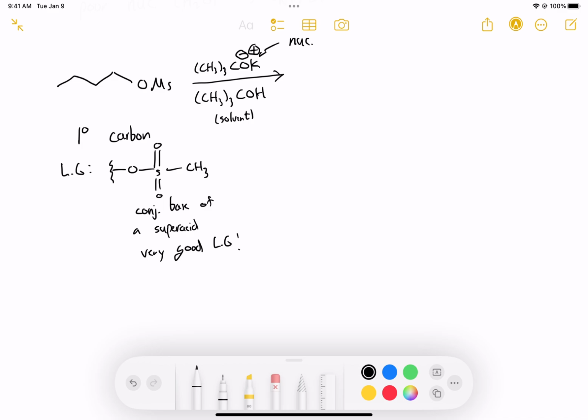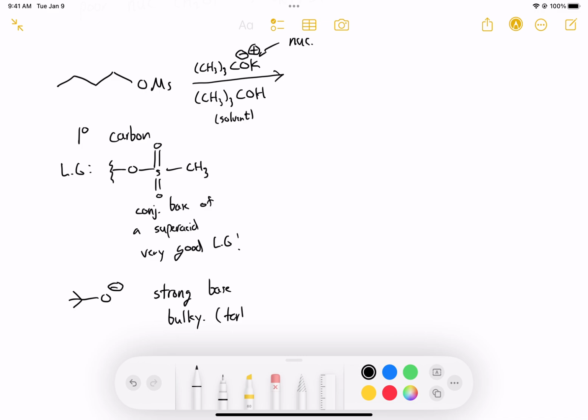So the nucleophile looks like this if we were to draw it out. It's a strong base and bulky, because of the tert-butyl group.